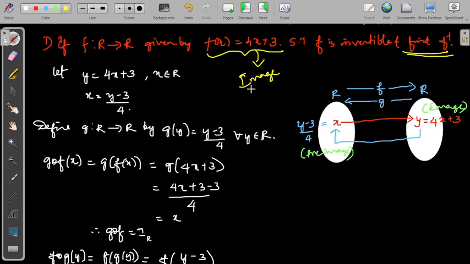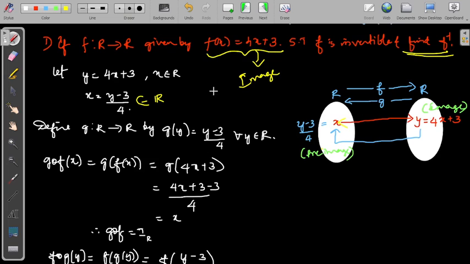y is the image. Now solve for x. This looks like y minus 3 by 4. This is the pre-image. This clearly belongs to R, because y is an element of real numbers. So clearly y minus 3 by 4 also belongs to R. So now I have to define a function, because the inverse is always like that. x is going to y means y should come to x.